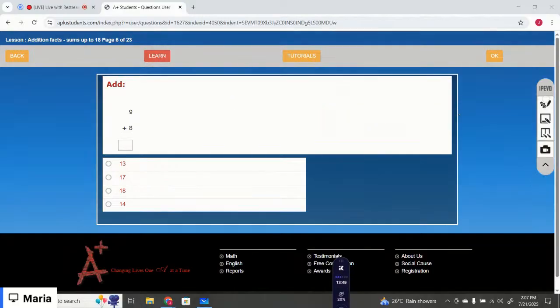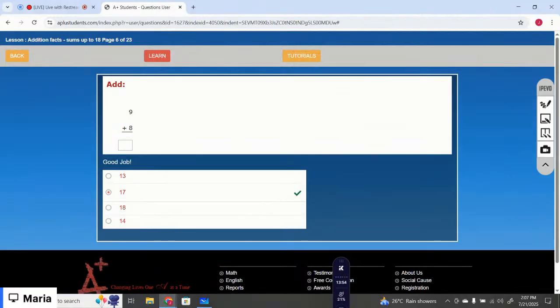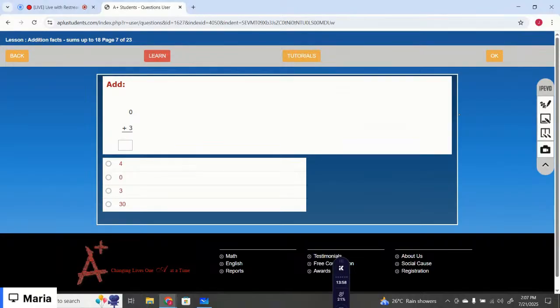Option number 2 is the correct option. 3 plus 0 makes, 0 plus 3 makes 3. Option number 3 is the correct option.